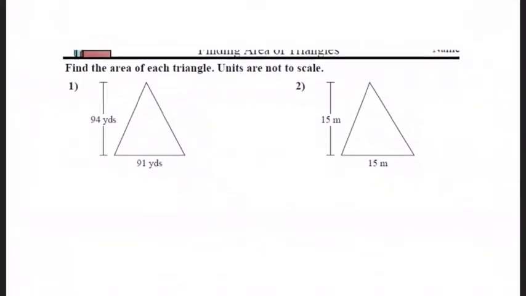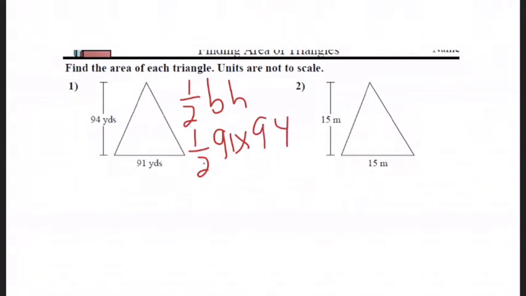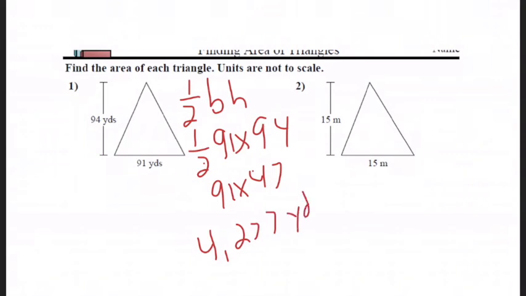Okay, first one, I write down my formula. It's 1/2 base times height. The base is 91, times the height, which is 94. I take half of 94, so it's 47. So it's 91 times 47, and that answer is 4,277 yards squared.